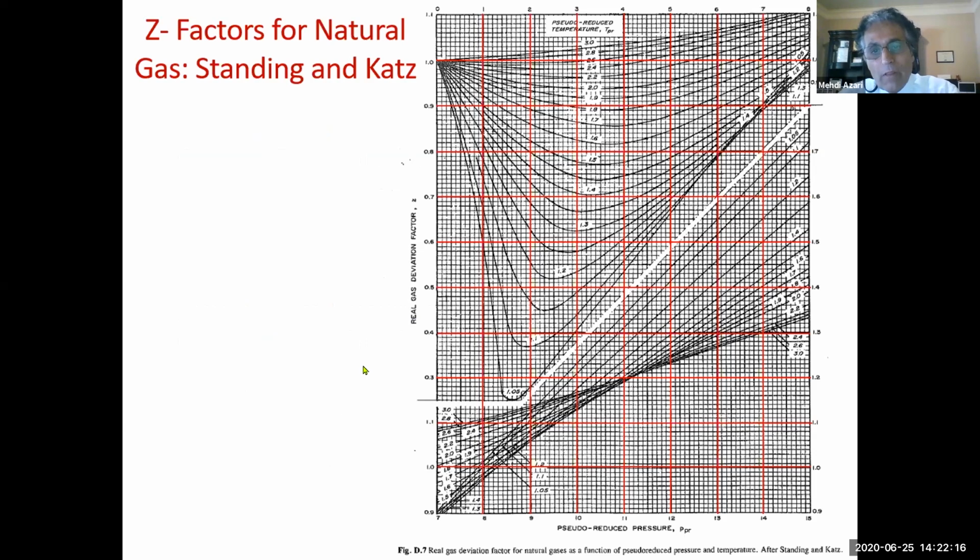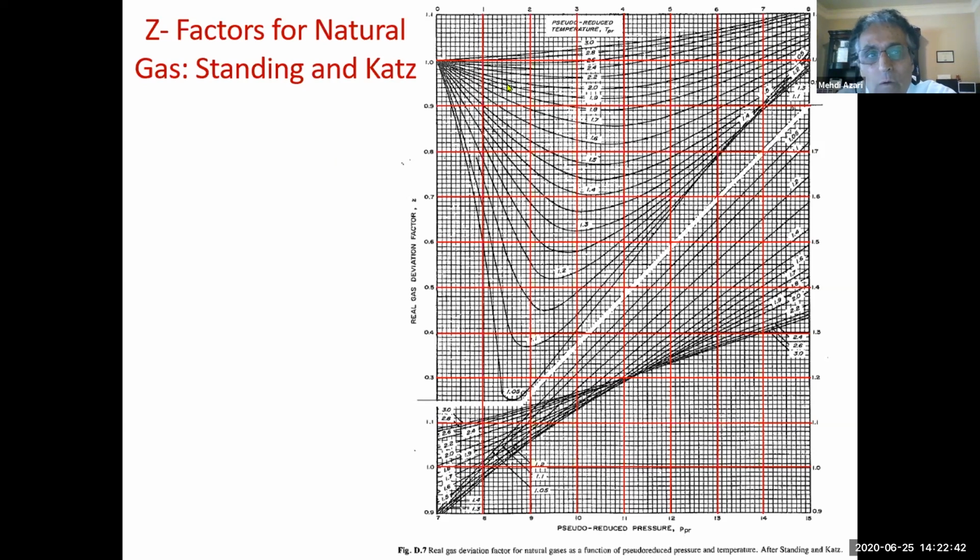Okay. Now that you have the PC and TC, you divide the reservoir pressure and temperature by this PC and TC, and you come up with the reduced properties. This is called the Standing and Katz correlation. And then you can come on down here. The reduced pressure is plotted here in two segments, from 0 to 8.